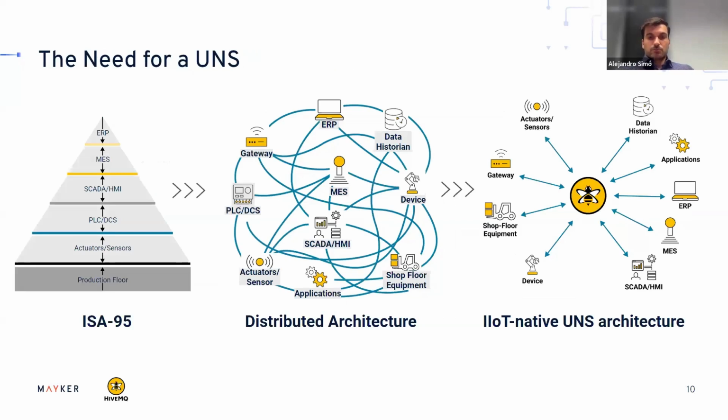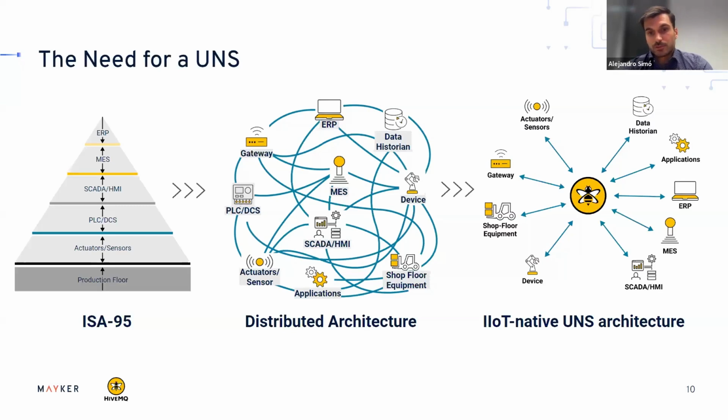But in practice, we see many connections between each of the systems that you see typically in an enterprise. So the MES systems are connected to PLCs, and they are connected as well to SCADA systems, to other equipment, to other sensors. We have a historian somewhere else, and a bit like we saw in the previous representation, this is a bit messy and complex.